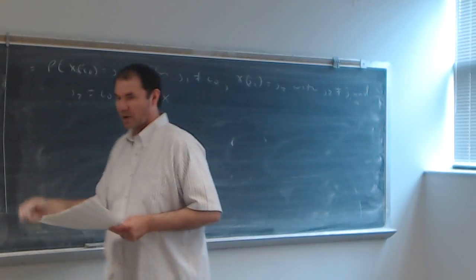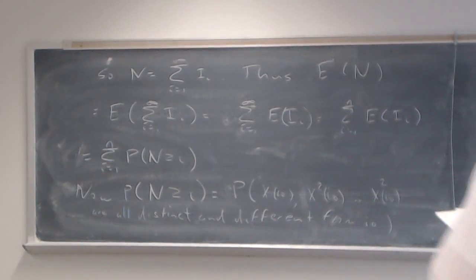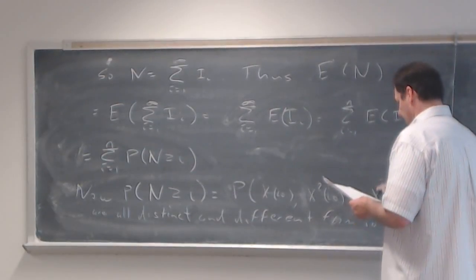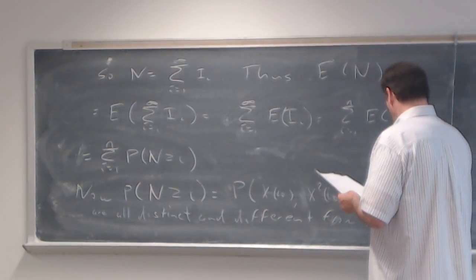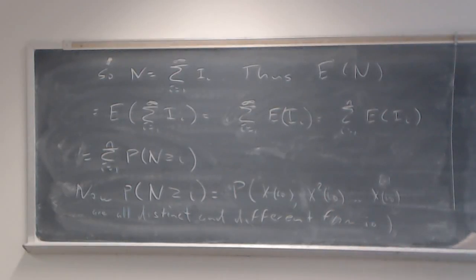You know, over here I didn't write down the right thing. Let's make a correction. Just looking, here I wrote down x squared again. It shouldn't be x squared. It should be x raised to the I minus 1. Okay. They're all distinct. So make that change.